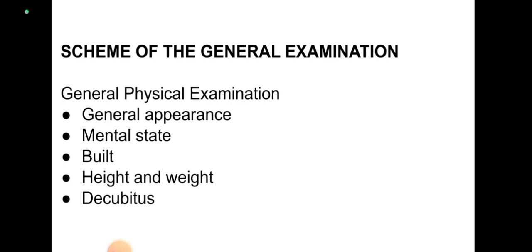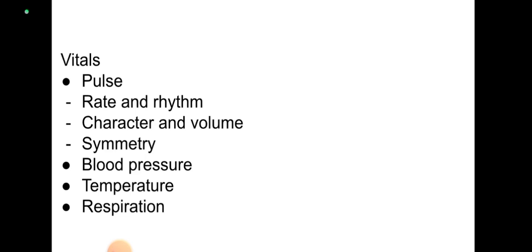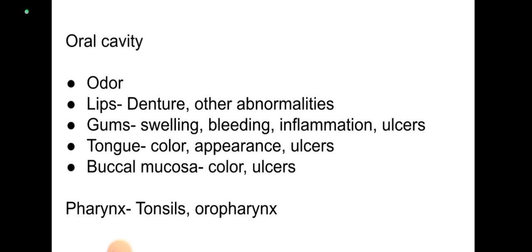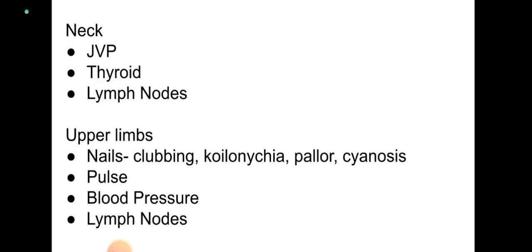Now we studied the scheme of general examination, in which we see general appearance, mental state, build, height and weight, decubitus, and vitals of the patient are noted. Then we do head to toe examination, in which eyes, face, oral cavity, pharynx, neck, upper limbs and lower limbs are examined.